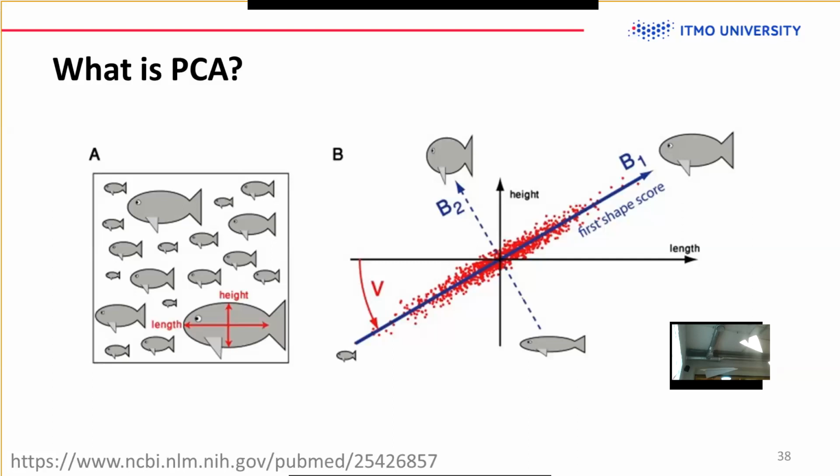So the first two axes will represent a large part of the variation in your data. That means that the PCA plot for the first two components represents your data rather well.